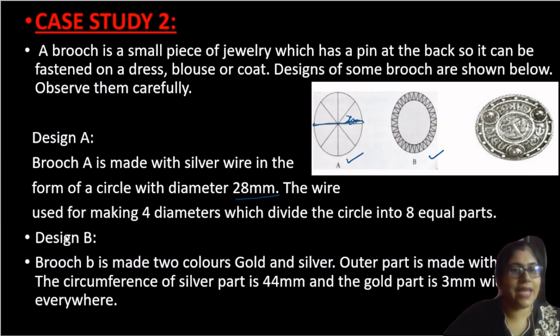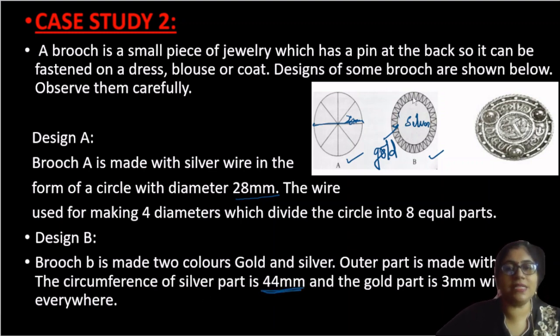So in design B, brooch B is made of 2 colors, gold and silver. The outer part is made with gold. So this part is our gold, and the inner part is silver. So the inside part here is silver. The circumference of the silver part is 44 millimeter.